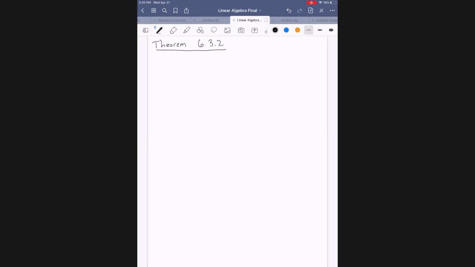6.32. So let T1 from B to W and T2 from W to Z be linear transformations, and A1 and A2 be their matrix representations.